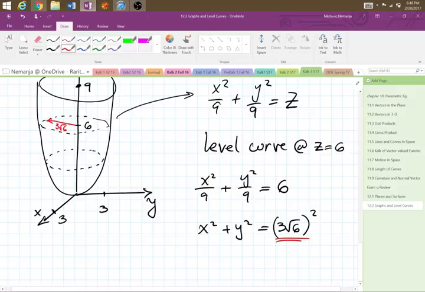A huge application of something like this would be maps. If you ever see topographic maps, you have all of these busy lines. These busy lines are level curves. So think about it.